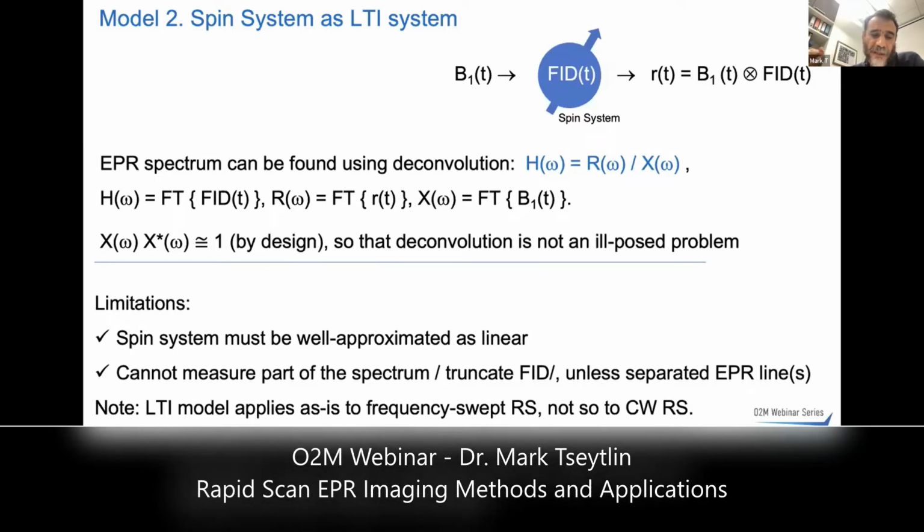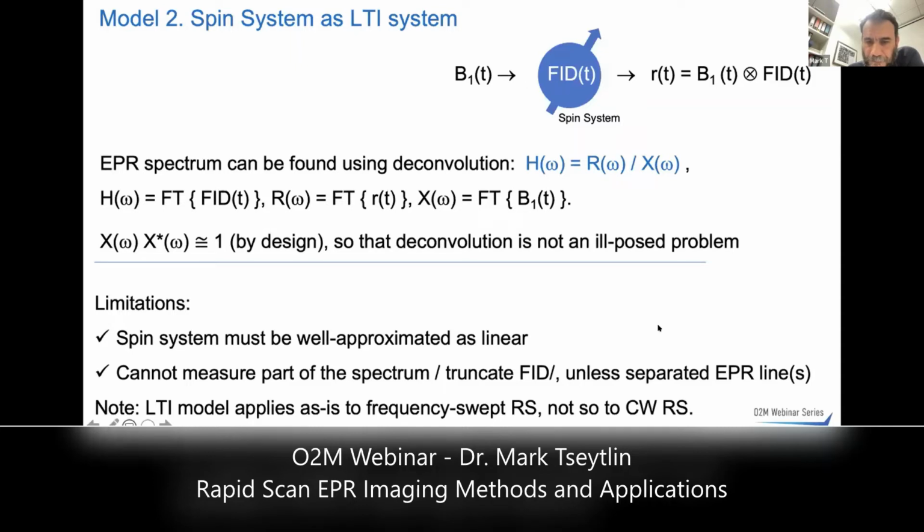That's why in rapid scan we need a complete scan of the spectrum. It also becomes immediately clear that in rapid scan experiments where people use frequency sweep, this theory applies as is. You don't need anything else. It's essentially one line of code to get your spectrum.